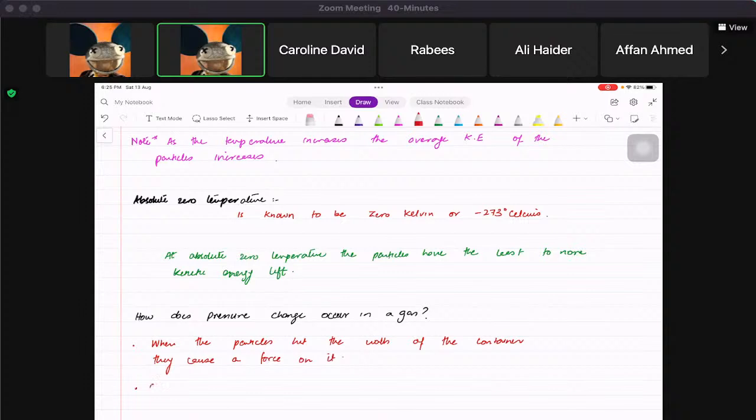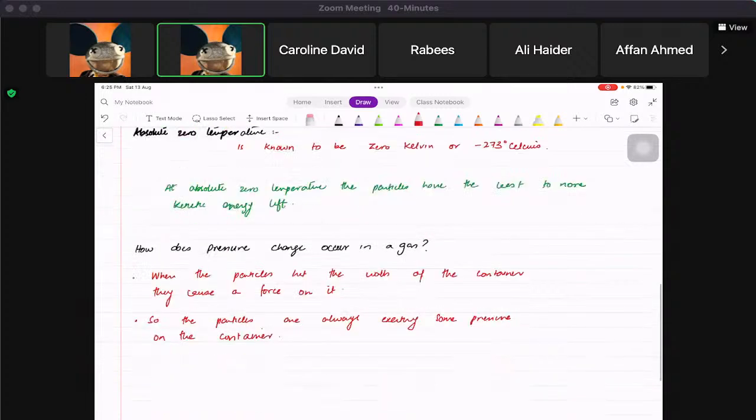So the particles are always exerting some pressure on the container, because if there is force and the container wall has some area, they must be exerting pressure, right?